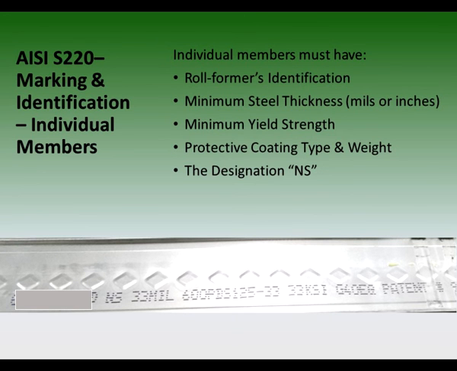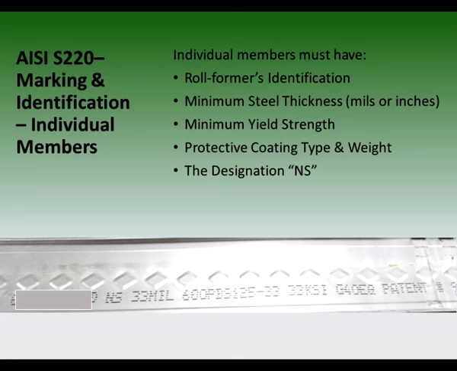AISI S220 also addresses identification of individual framing members. This duplicates the group marking information, but includes a little additional information too. It states that members shall have a legible label, stencil, or embossment at a maximum distance of 96 inches on center on the member with the following information: roll former's identification, minimum steel thickness in mils or inches, exclusive of protective coatings, minimum yield strength in kips per square inch, if other than 33 ksi, protective coating type and weight.